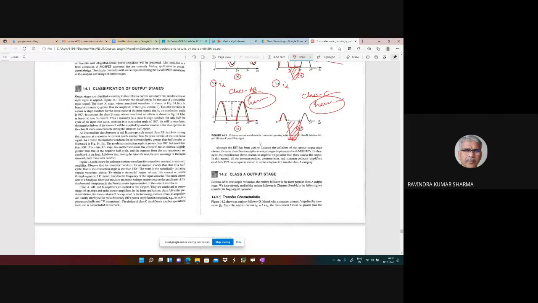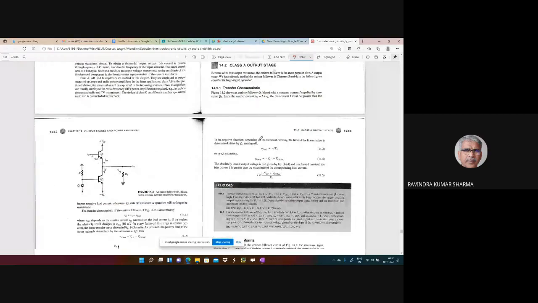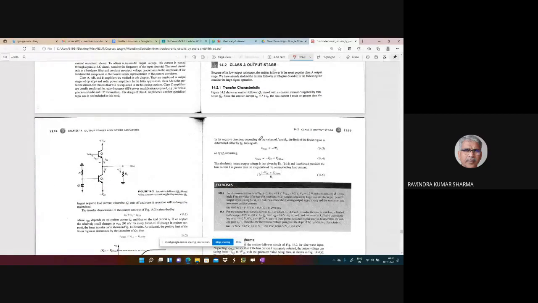तो let us now see the class A output stage. In figure 14.2, a bipolar transistor version of class A amplifier, the basic circuit is shown here.